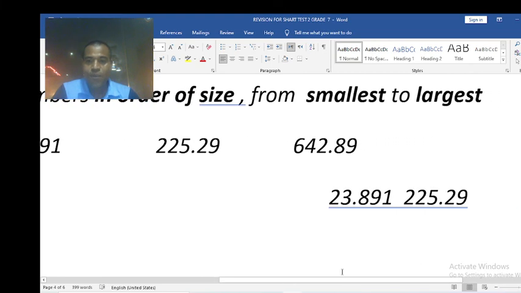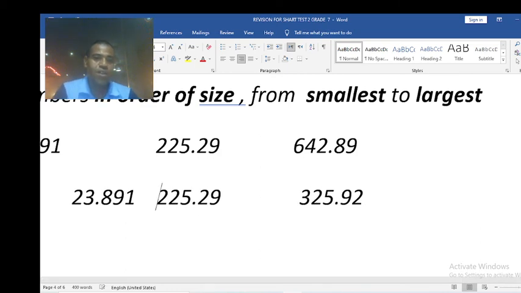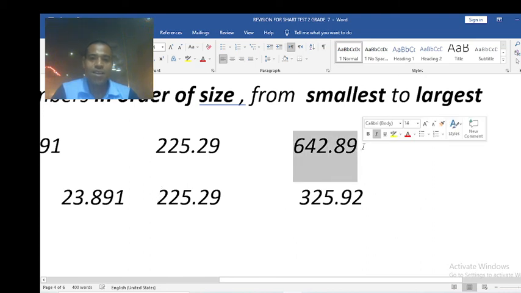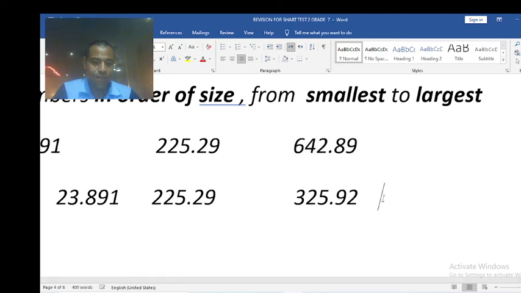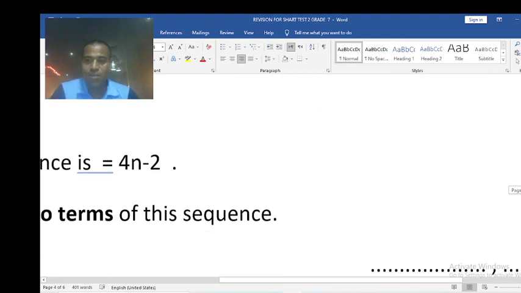This is the third number, put in order of size starting from the smallest first. Then the last one is clear. It will be 642.89. So now we put this set of numbers in order, starting from smallest to largest.